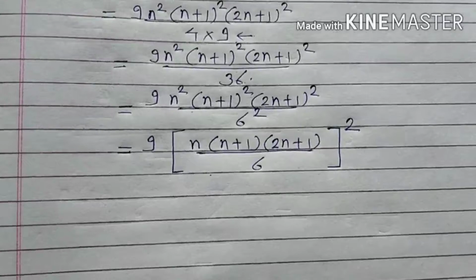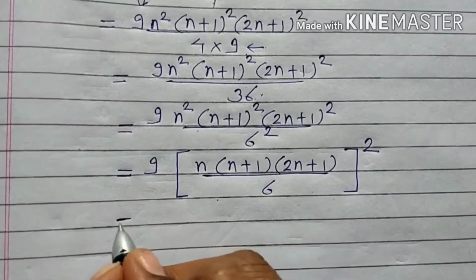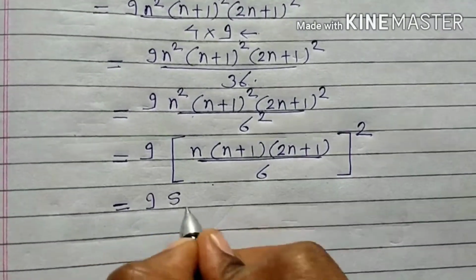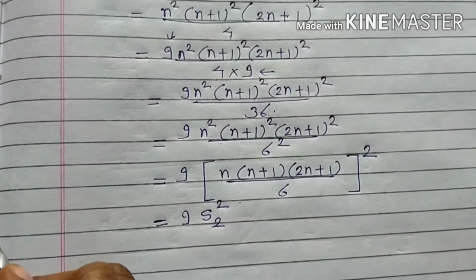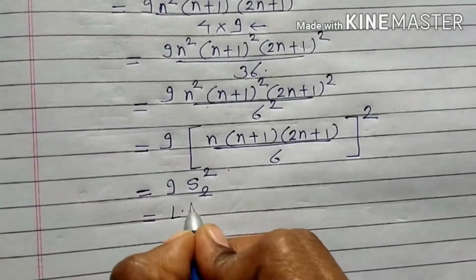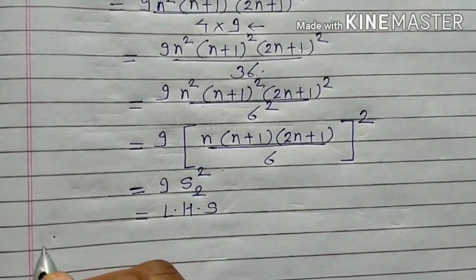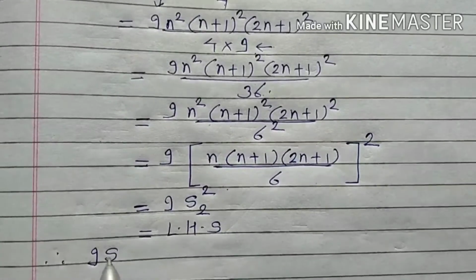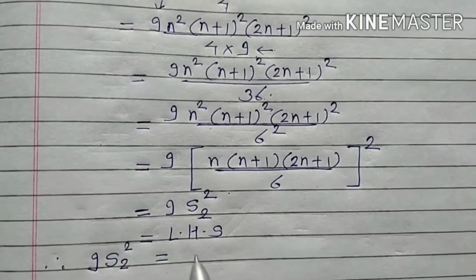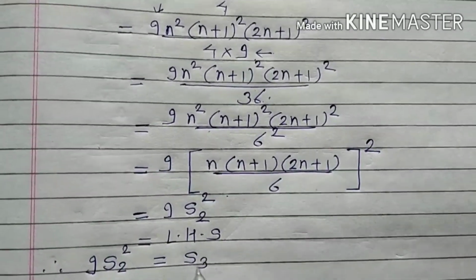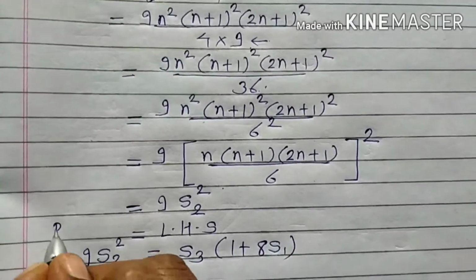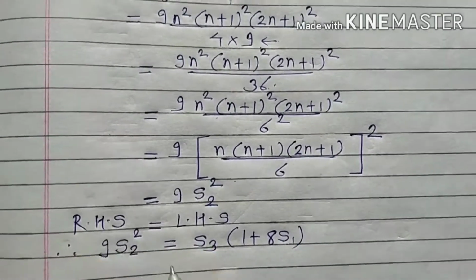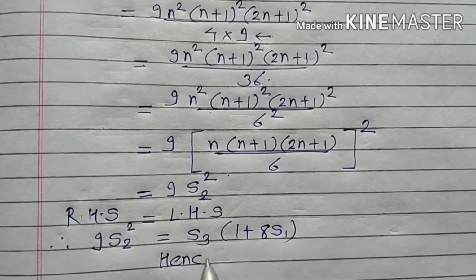Okay, so it is the term of S2, and this is whole square, that's why S2 square. This is LHS. Therefore 9 S2 square is equal to S3 into 1 plus 8 S1. This is RHS. Hence proved.